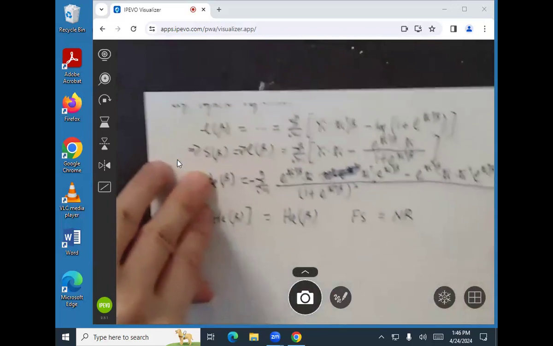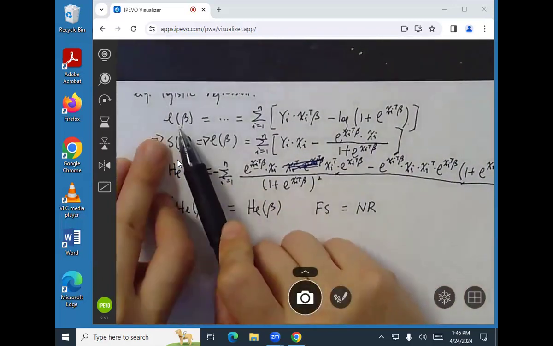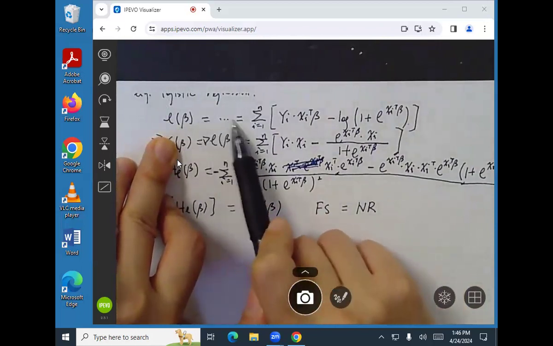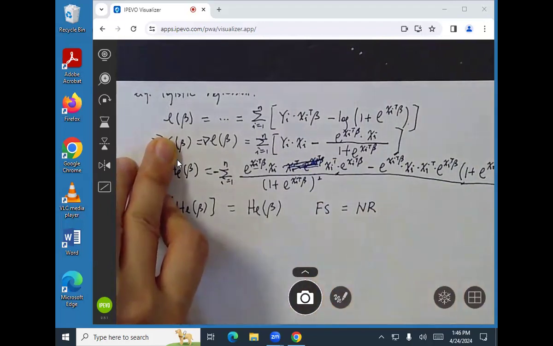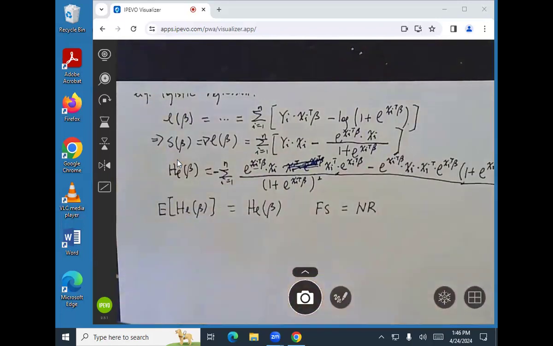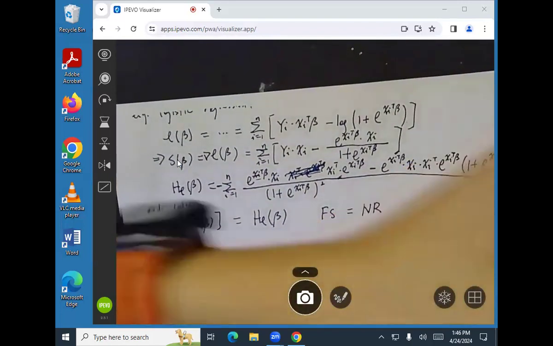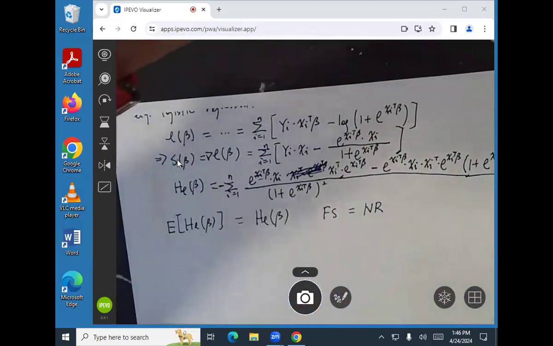In the logistic regression, the log likelihood, if you derive it using the canonical link function, which is the logit function, what we could have is from this exponential family distribution. Let me quickly grab that here.